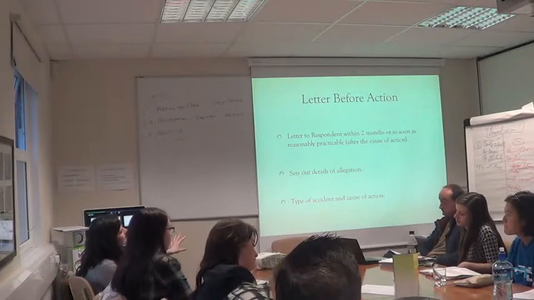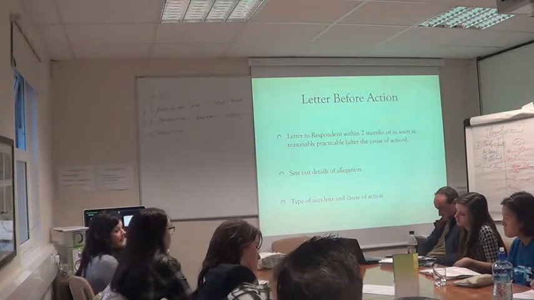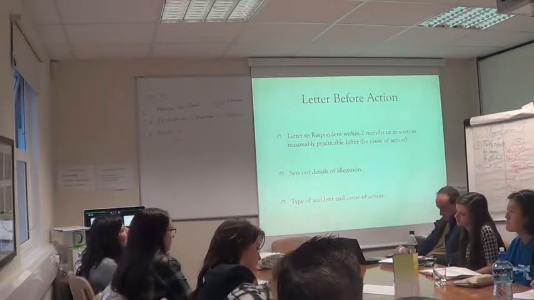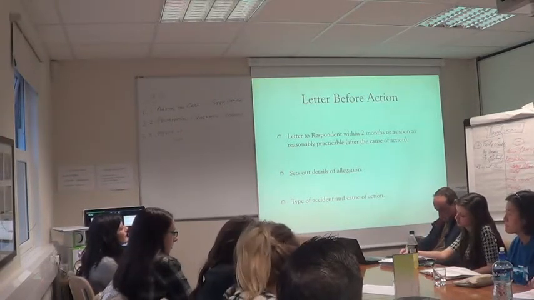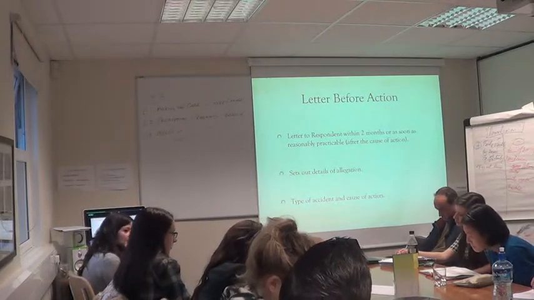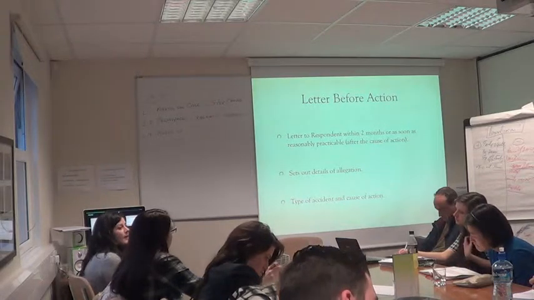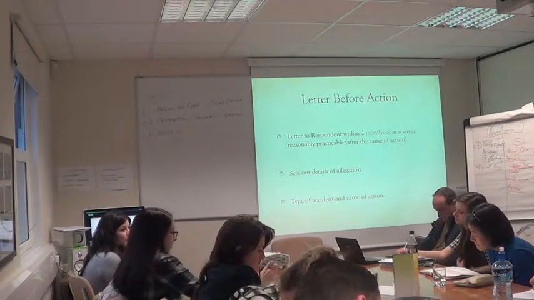So first of all, as I said, the letter before action is the initial step that's taken in these cases. It's advisable that the letter before action is sent within 2 months or as soon as reasonably practicable. Also note that the letter before action is actually a statutory requirement.